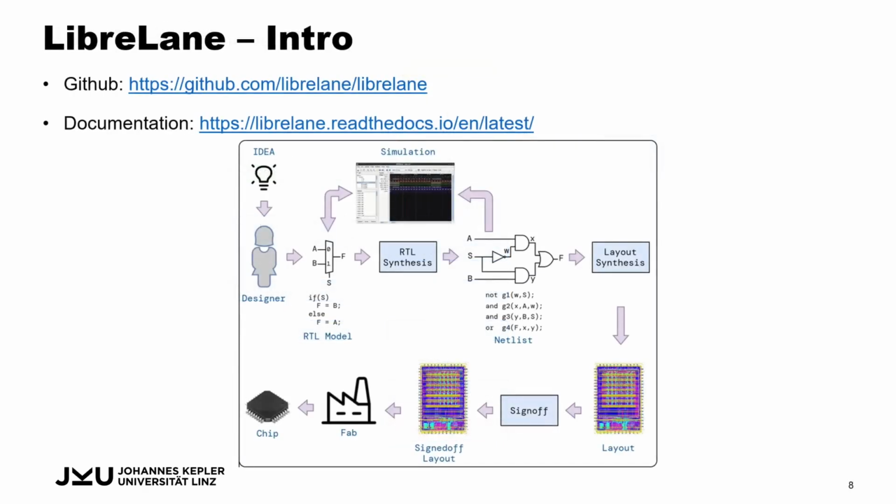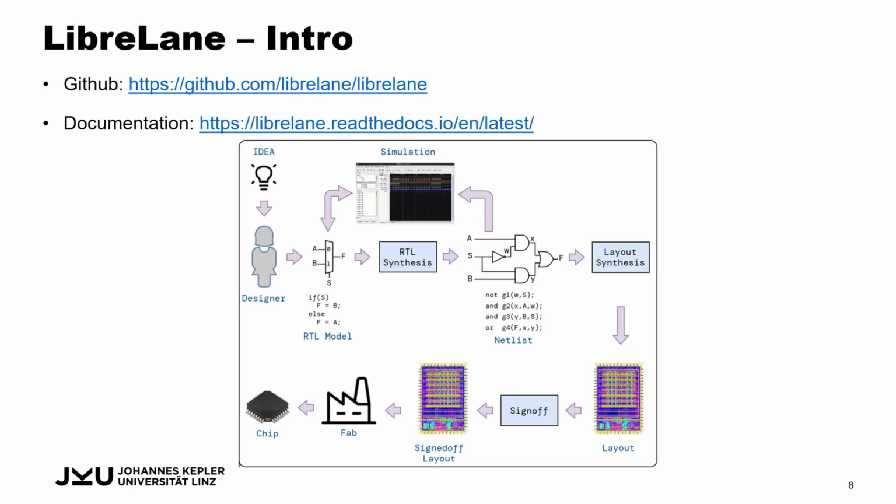And this flow is done by LibreLane. We have also a GitHub repo for that and the documentation, of course. And here, the main idea for LibreLane is that you have an idea, you write your HDL design, and in the end, you have a tape out which you can manufacture.